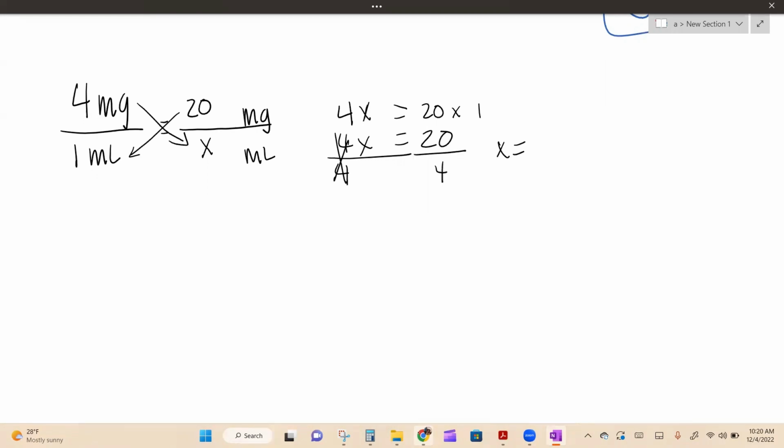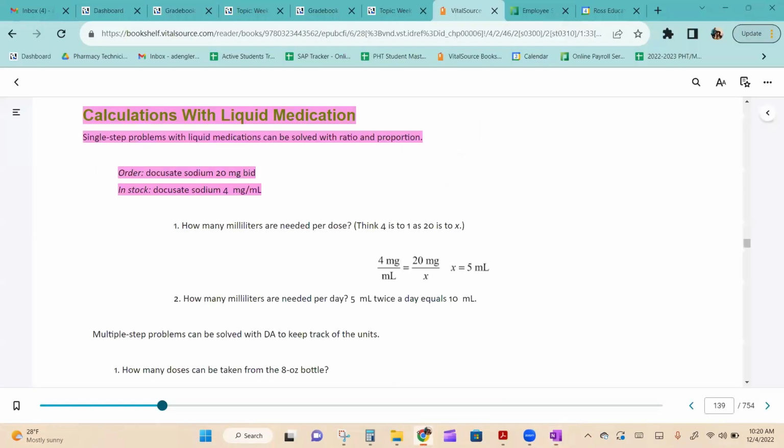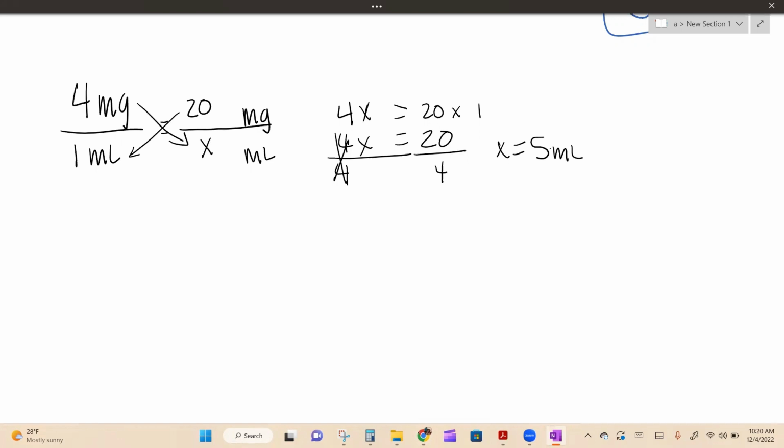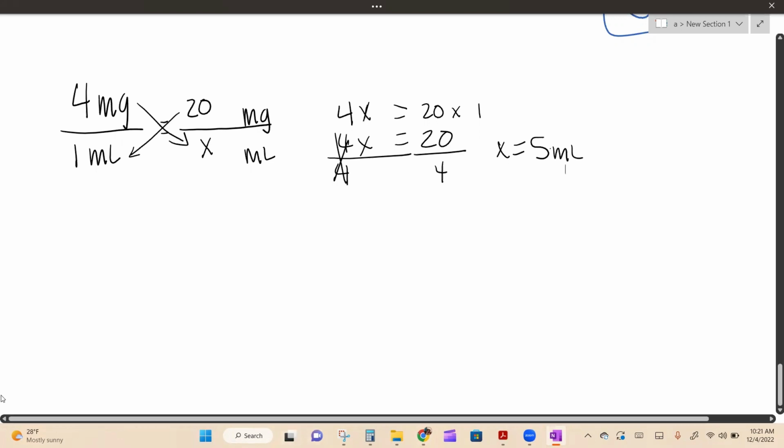And we get that x is equal to 5, which is what they got, 5 ml. So in order to give the patient 20 milligrams, we have to draw up 5 mLs of the medication that we have in stock, which is 4 milligrams per ml.